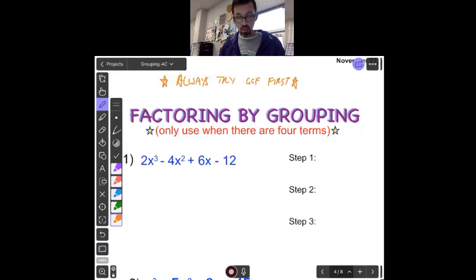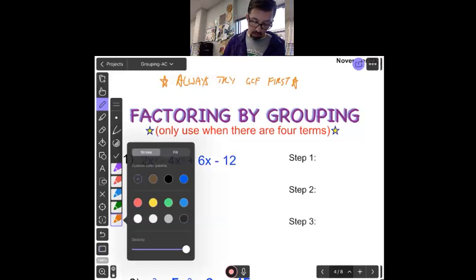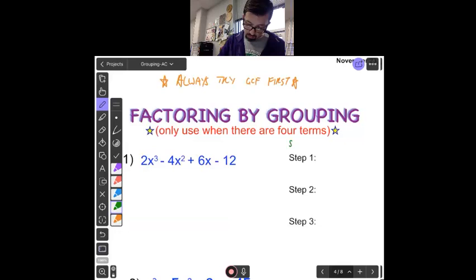Factoring by grouping only works when there are 4 terms. So it's a very specific type of tool. I'm going to add a step 0 here, which is just GCF? Checking that first: can we pull something out of everything first?